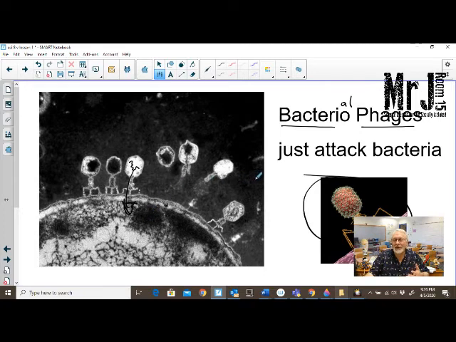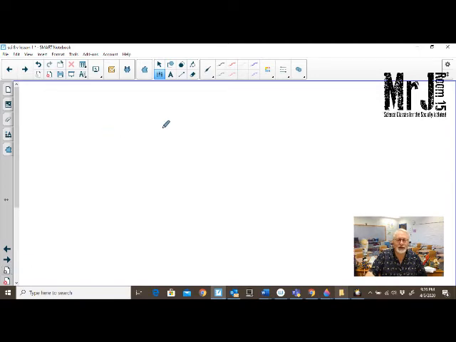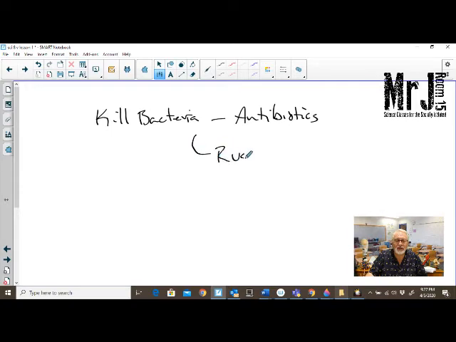When we were just talking about bacteria, we said that if we wanted to kill a bacteria, we take antibiotics. Well, it's kind of neat that if you lived in Russia, then you would take bacteriophages.